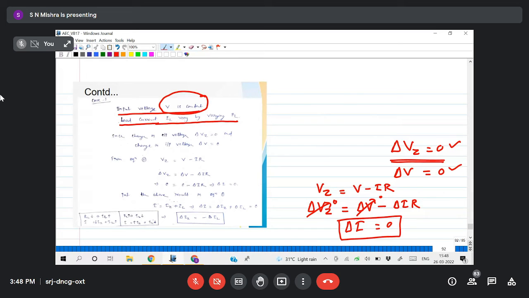Total current I equals IL plus IZ. So change in I equals change in IL plus change in IZ. Now if delta I equals 0, then delta IL equals minus delta IZ.